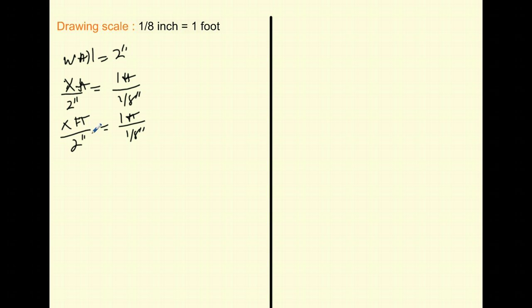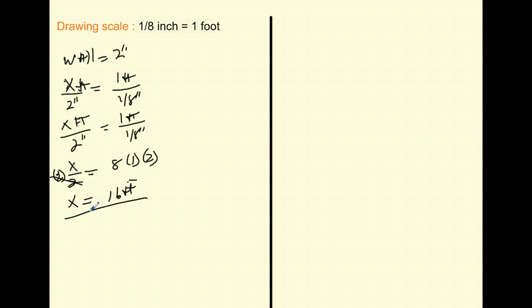Then we invert and multiply this. So we have X over 2 is equal to 8 times 1. Then we multiply both sides by 2, and the 2's cancel. So we have X equals 16 feet.